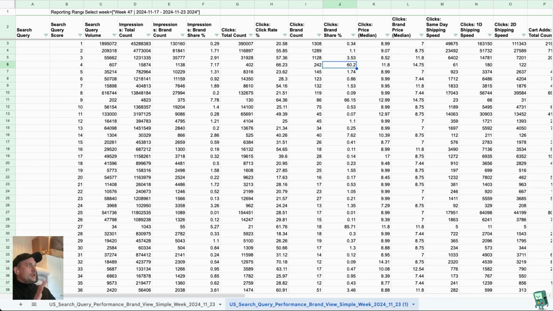All right, so the search query performance report is a report in brand analytics that comes in multiple facets. You'll have the report on a brand level that sums together all your brand on a weekly, monthly, or quarterly basis. There's no yearly level.